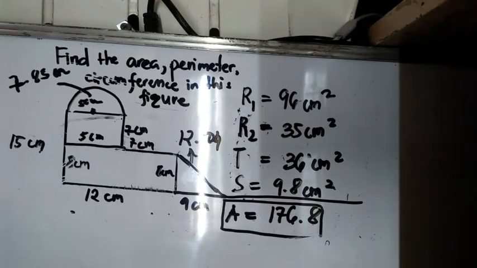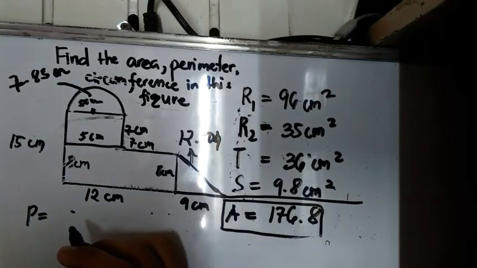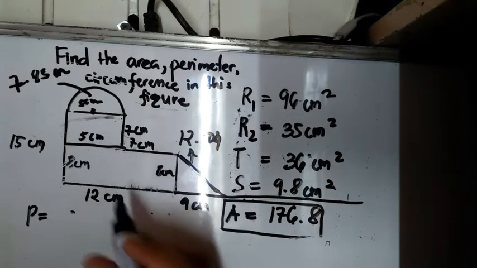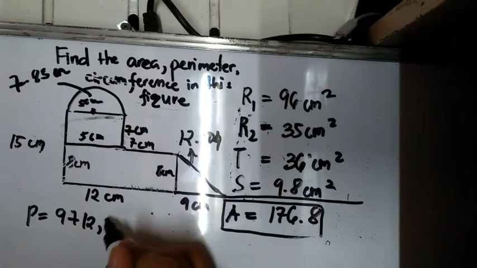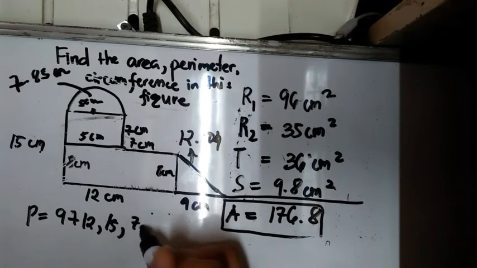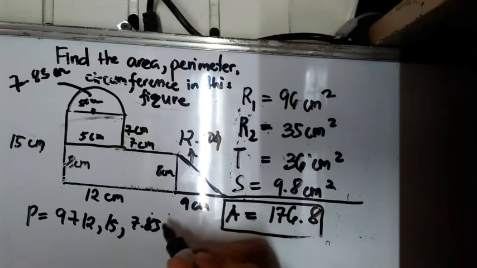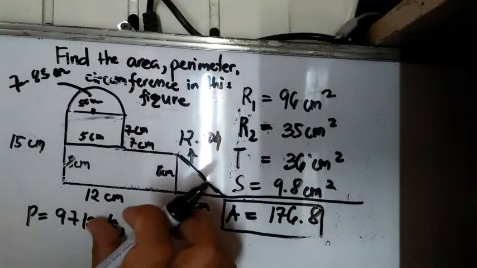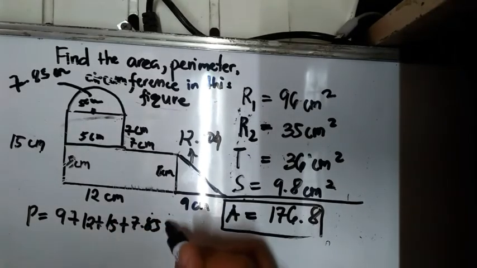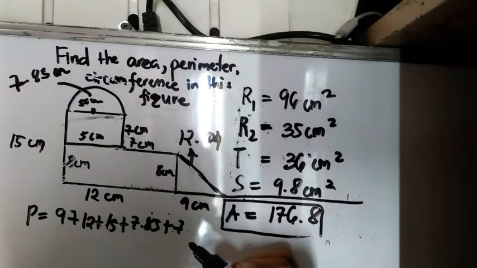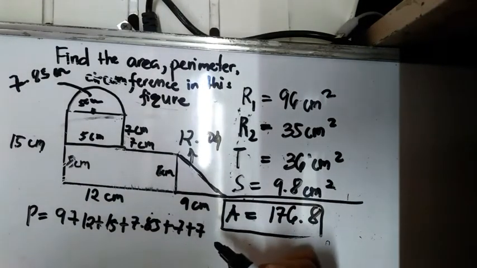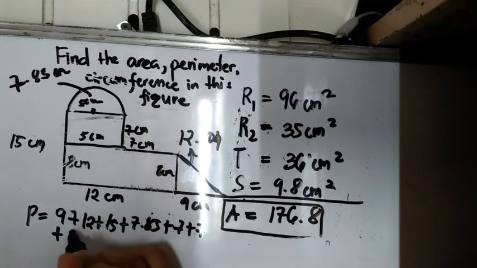So we start with 9 plus 12 plus 15 plus 7.85 plus 7 plus 7 plus 12.04.